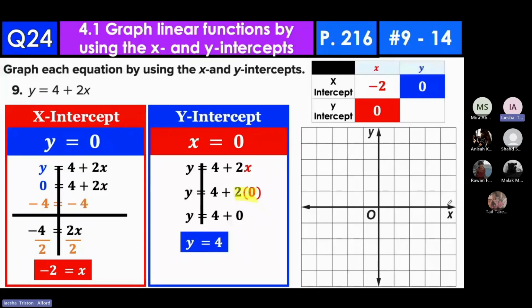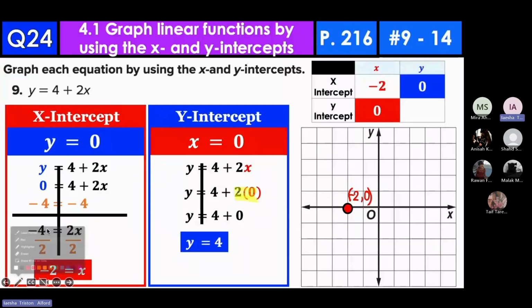We go on the x-axis to where x is -2. This is 0. This is a -1 on the x-axis. This is -2 on the x-axis. You put the points and you write your ordered pair. Should be -2, 0.